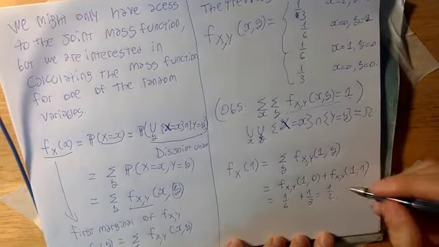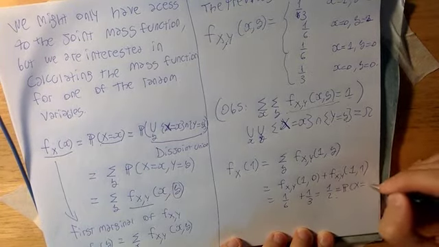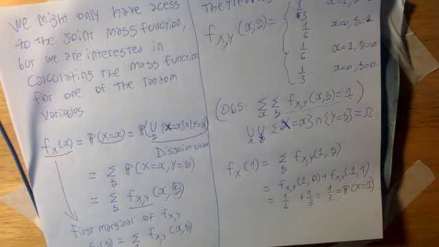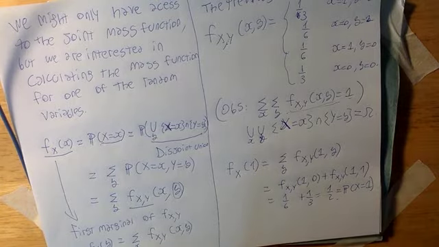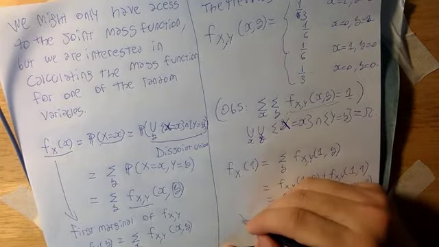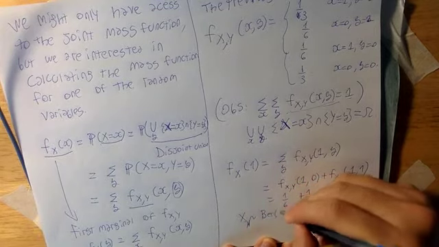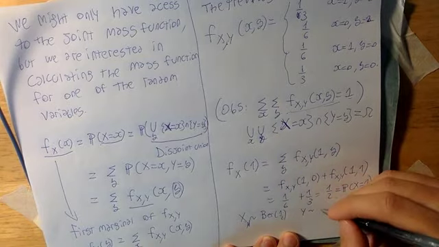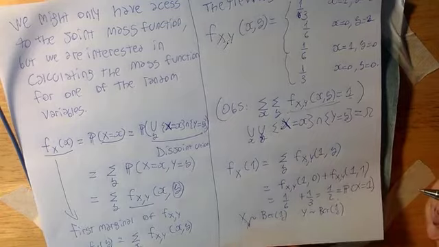And this is exactly the probability that X is equal to 1. This is what we showed before. So here we have X, which is Bernoulli with parameter 1/2, and Y is also Bernoulli with parameter 1/2.